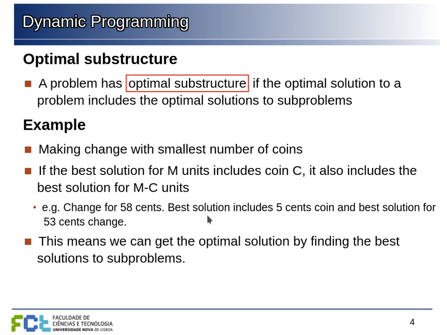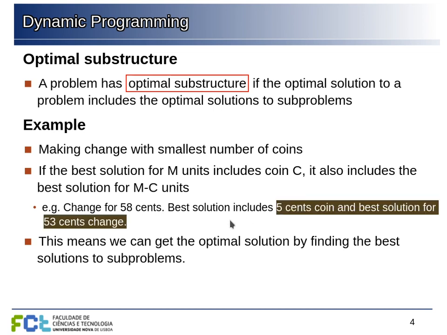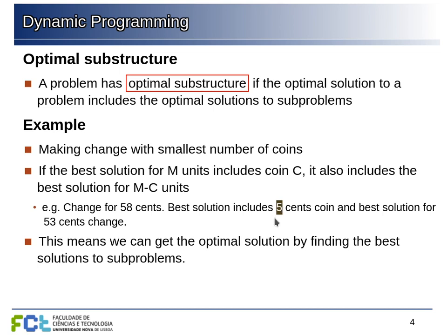If we find the optimal solution for the 53 cents change, then we can use the additional 5 cents coin. And if this one is better than using any other coin, then we have the solution for the whole problem. We will not need to go find other solutions for the sub-problem of doing the 53 cents change.